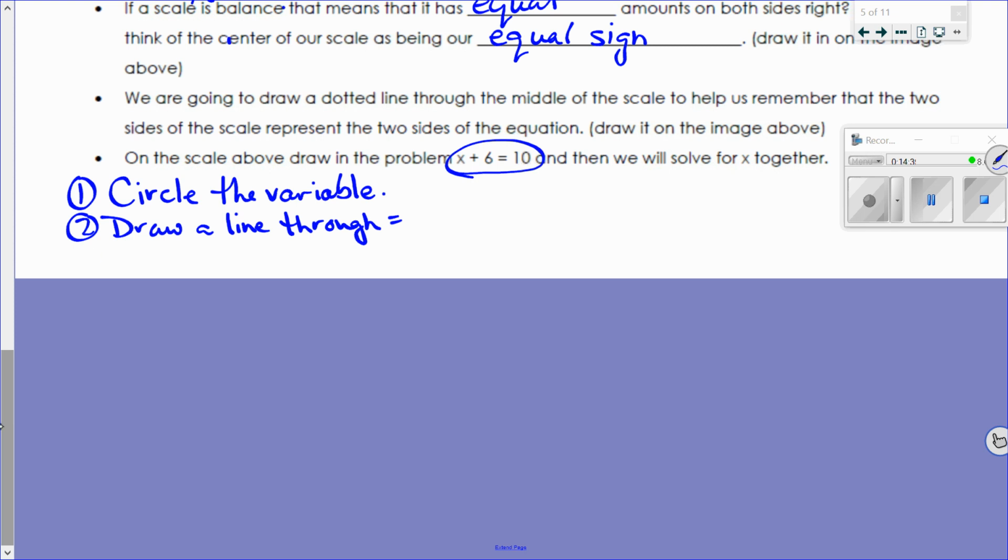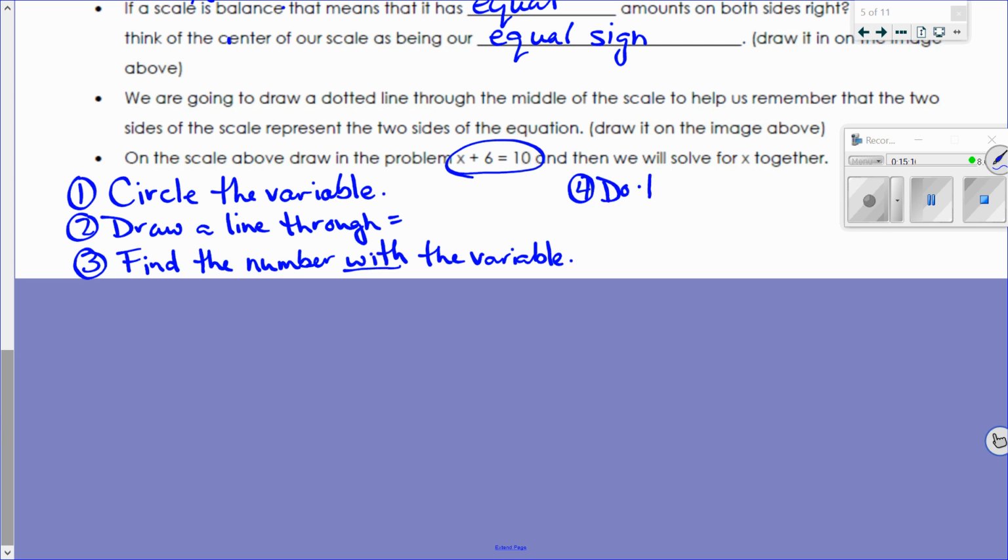Step 3. Find the number with the variable. And step 4, this is the longest of the 4 steps. Not the hardest, it's actually relatively easy.